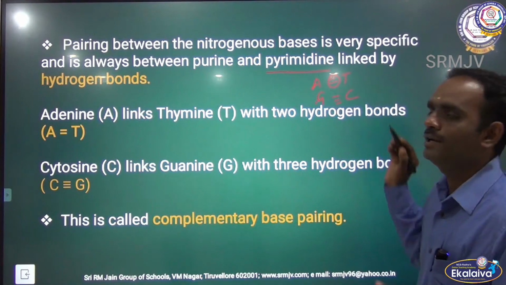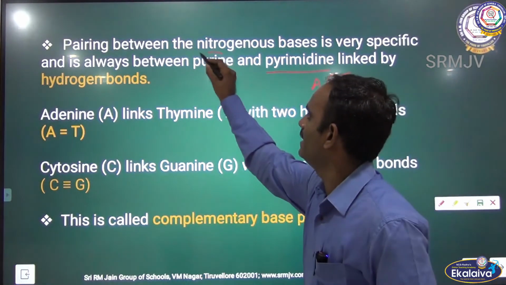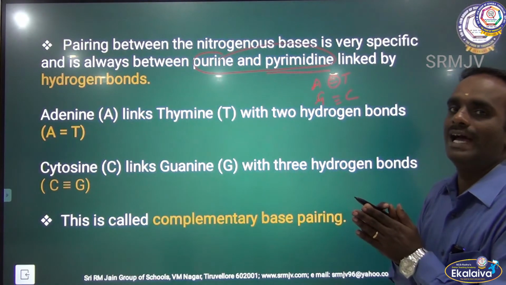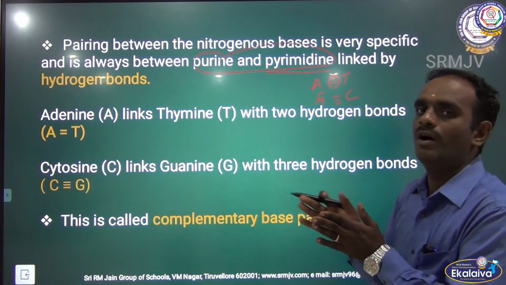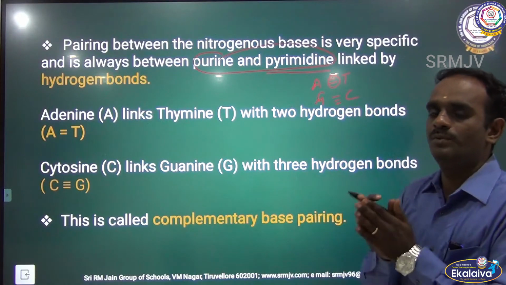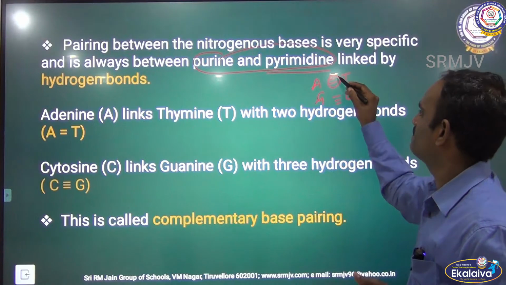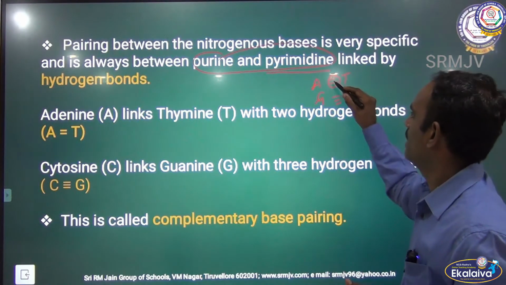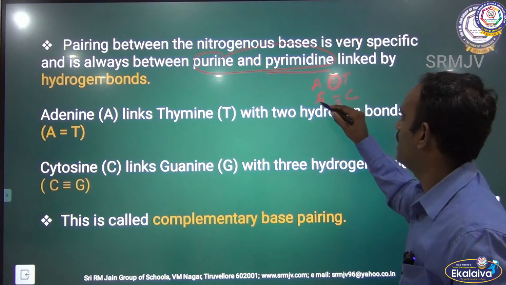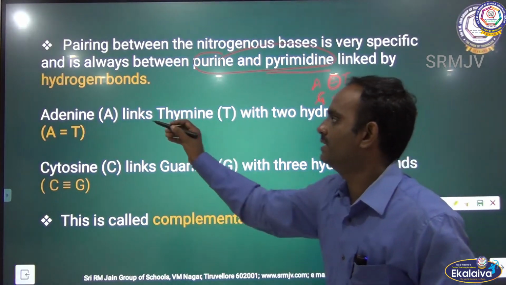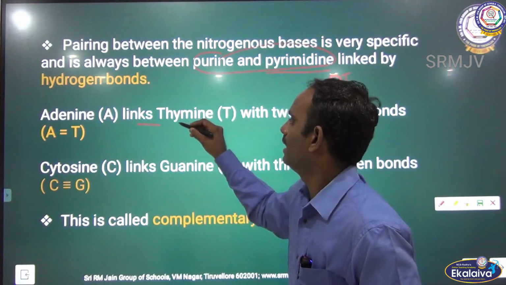Adenine and guanine are purines. Purines always base pair with pyrimidines with hydrogen bonds. So, this bonding is very specific. Adenine pairs with thymine by 2 hydrogen bonds and guanine pairs with cytosine with 3 hydrogen bonds. Clear?